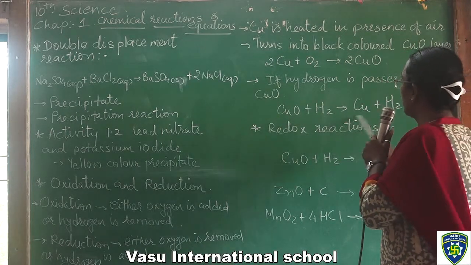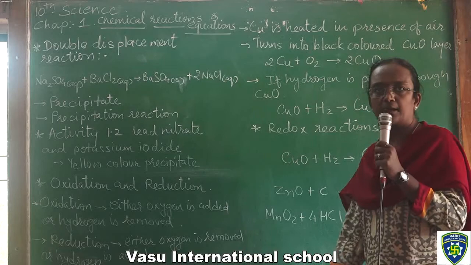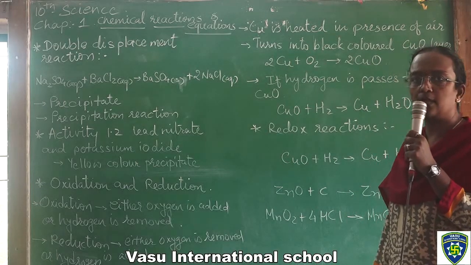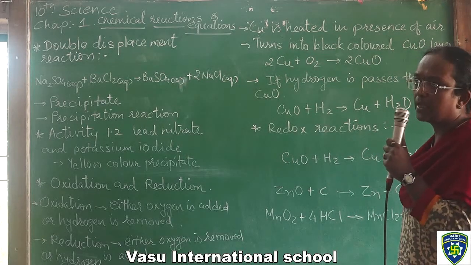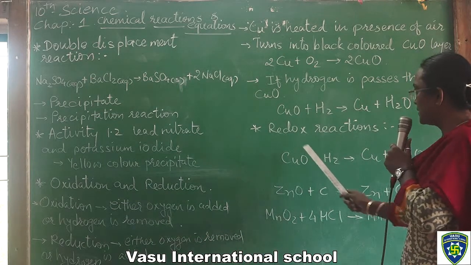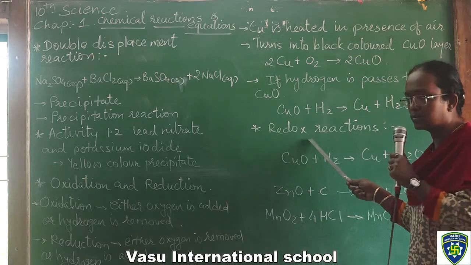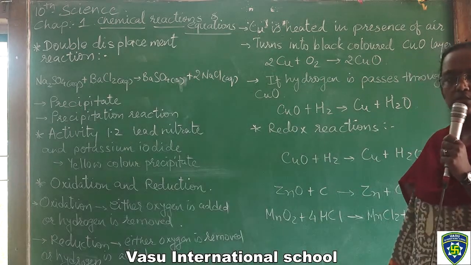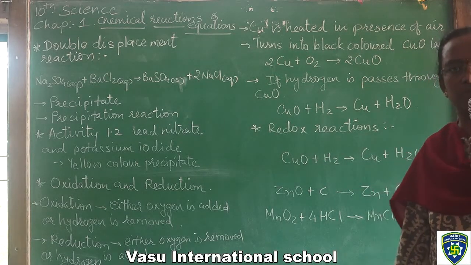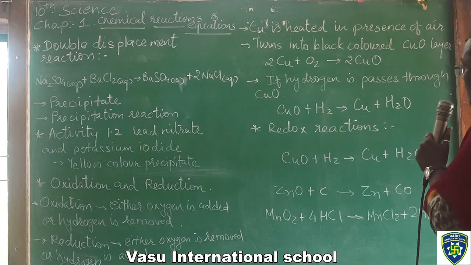This reaction of copper oxide plus hydrogen gives copper plus H2O can also be called a redox reaction. Red from reduction and OX from oxidation. Both reactions are performing simultaneously, so this type of reaction is called a redox reaction.